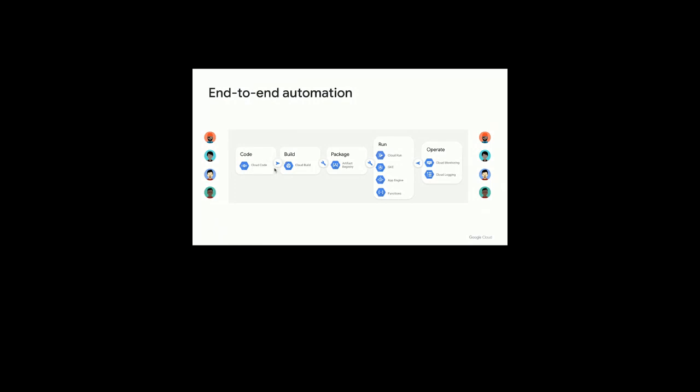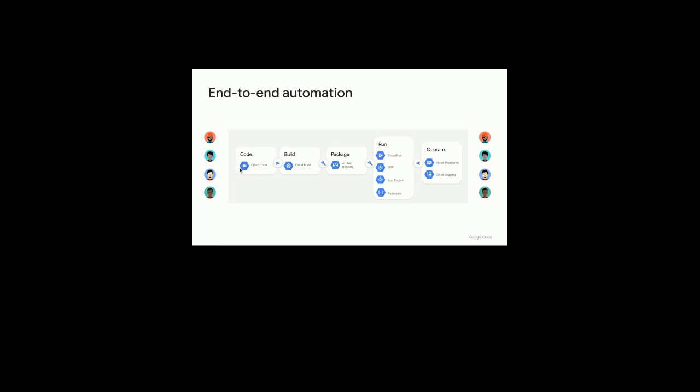The first thing is I create my build, how I want the application to be built. This is what we call a pipeline, through CI/CD. I think the best known tool for CI/CD is Jenkins. We do offer Cloud Build. We interconnect with all the CI/CD tools, but our fully managed tool is Cloud Build.